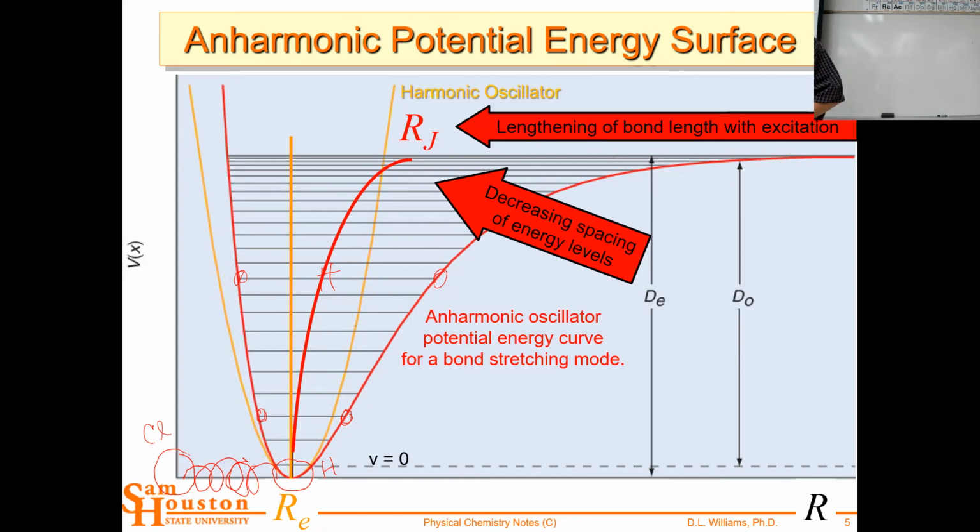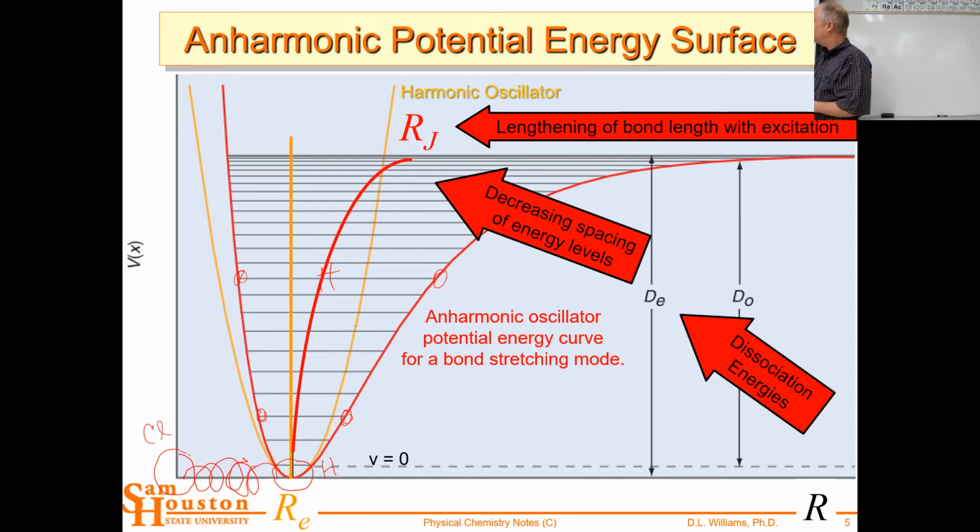Some other things to note here, these are the dissociation energies. So how much energy would it take to drive that hydrogen off? It depends upon where you put zero. If you put zero at the bottom of the potential energy surface, that would be dE, subscript E. And this is important to take note of for the labs. And so there's a difference between dE and D0.